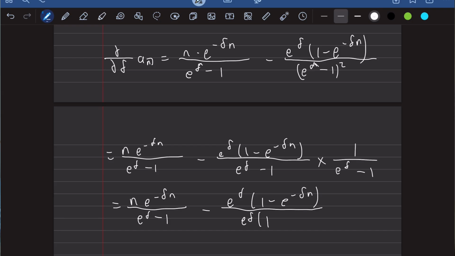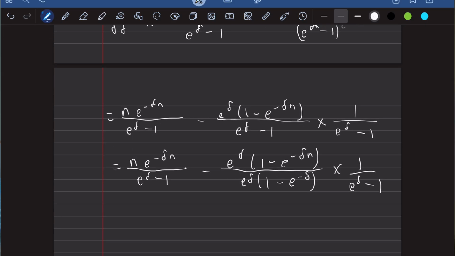So I'm going to factor out, so this becomes 1. And when we factor out an e to the delta out of 1, it's going to become e to the negative delta, times 1 over e to the delta minus 1. And we can see that that and that cancels.